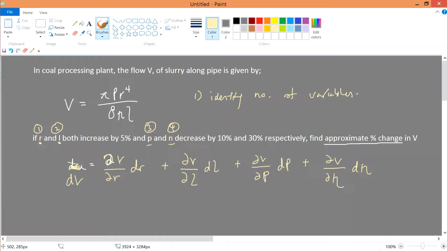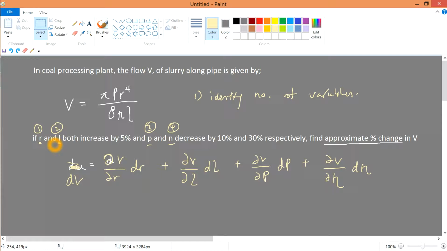So this whole term is for R, this whole term is for L, this whole term is for P, and this whole term is for N.